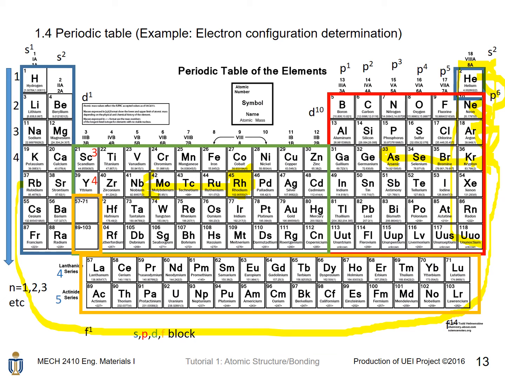Helium is 1s2, and neon has 8 more electrons than helium. Helium has an electron number of 2, which is specified here. Neon has an electron number of 10. That is, add 8 more electrons to helium. And you can see the period is here, period 2.